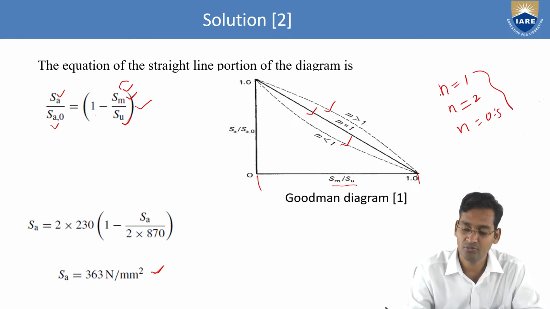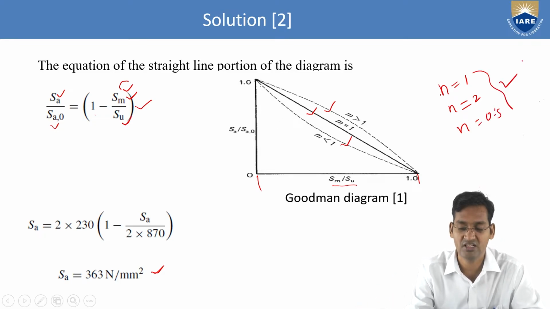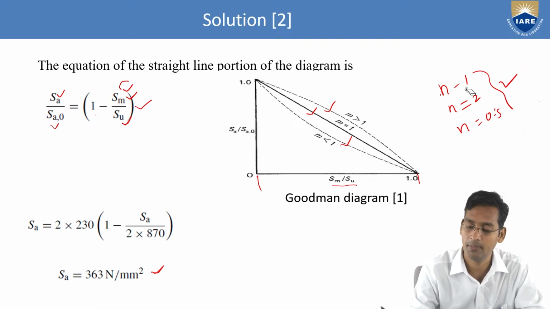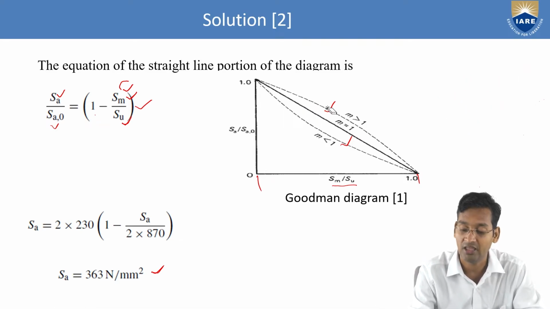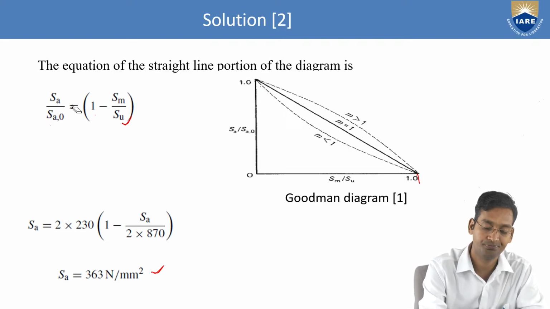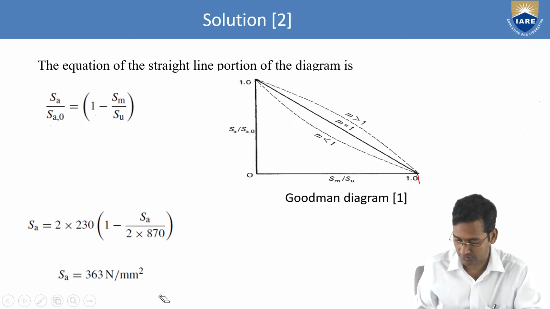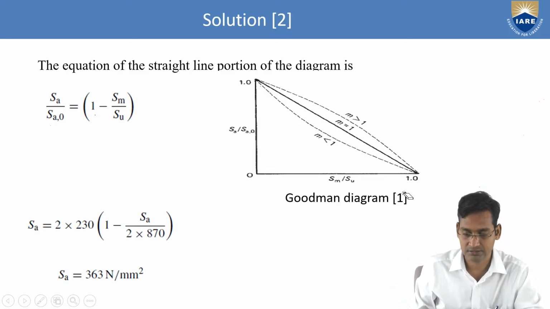So related to this, we will see the next numerical. If that is not a straight line, that is if it's not following m equals 1, then how will we solve that? We will see that in the next numerical.